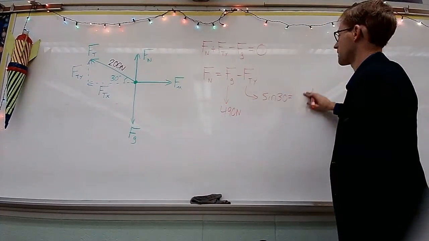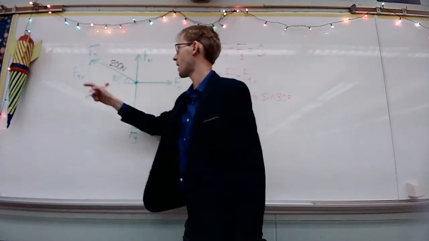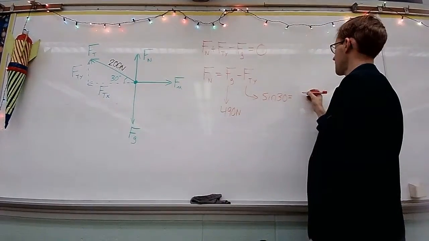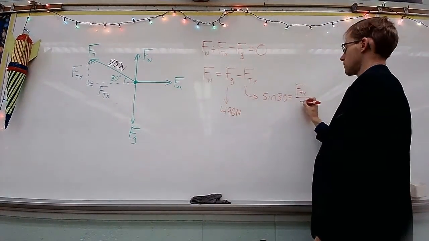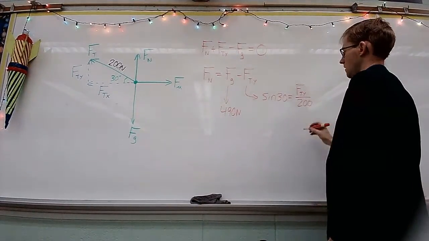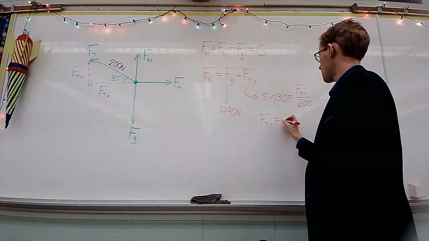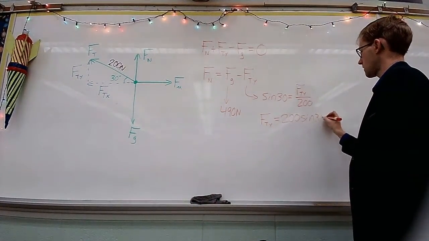That makes it more fun. So again, this is your hypotenuse. Opposite side is FTY. So opposite side goes on top, hypotenuse goes on the bottom. Therefore, FTY is equal to 200 times the sine of 30.